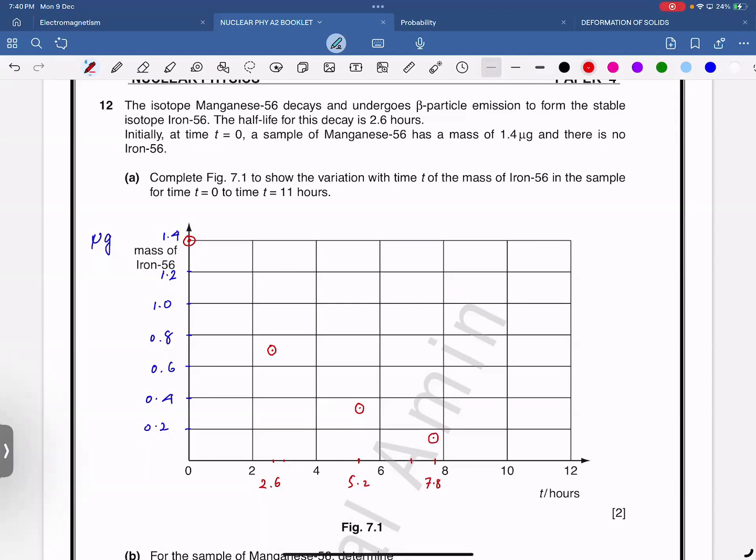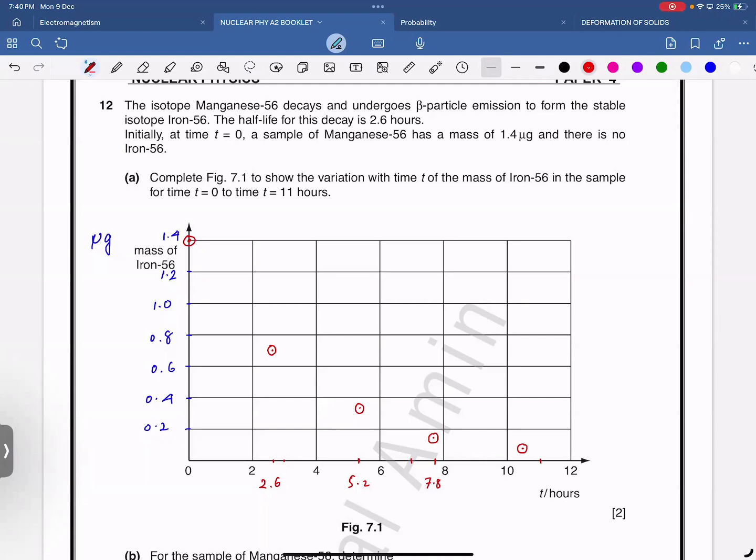Plus 2.6 again is 10.4. And then you need till 11, okay.